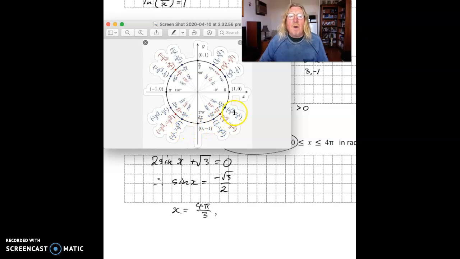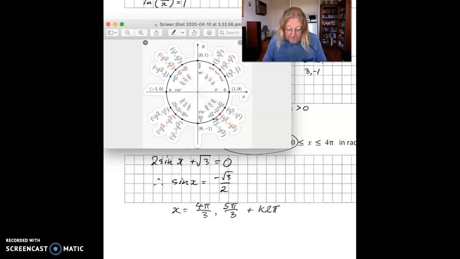Going around, we've got a y value here of minus root 3 on 2, which is at 5 pi on 3. So that's another possible answer. Now, we know that sine is periodic, so we add 2 pi to each of those, k 2 pi. So every full circle will get another answer.